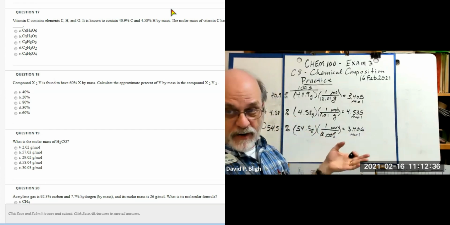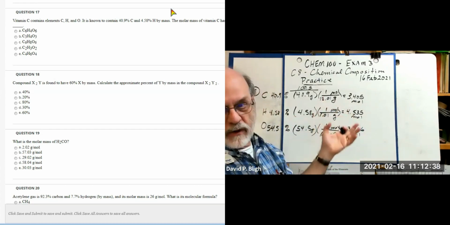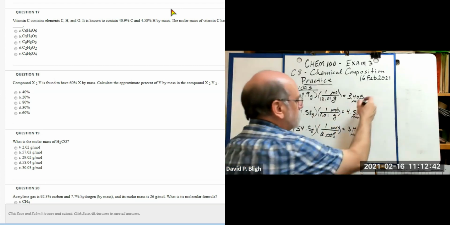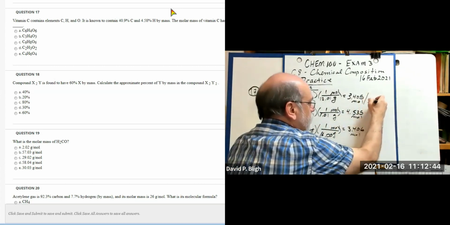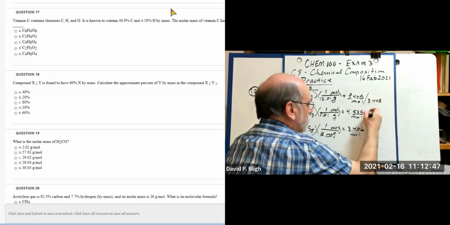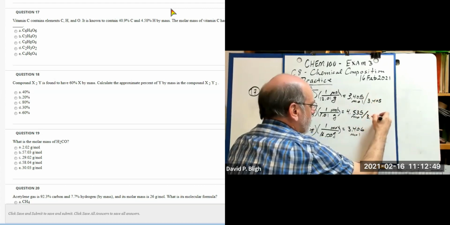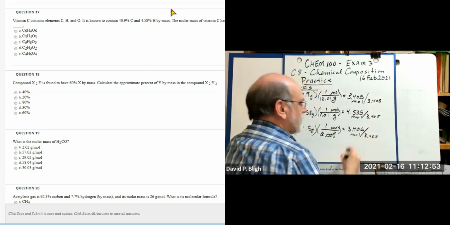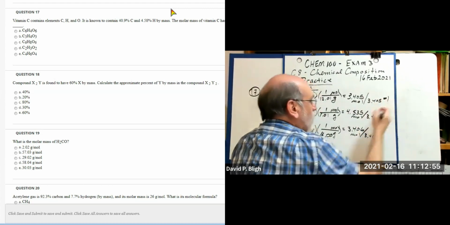Now to find the empirical formula, you need a whole number. So we would just divide through by the smallest one as our first step. Okay, this one is obviously going to be 1.